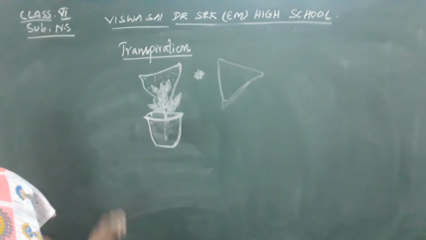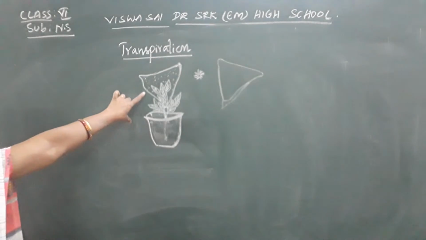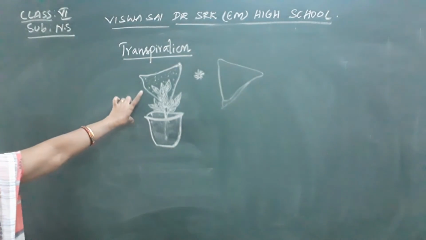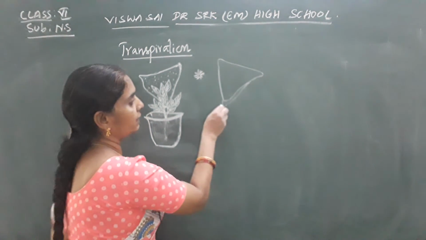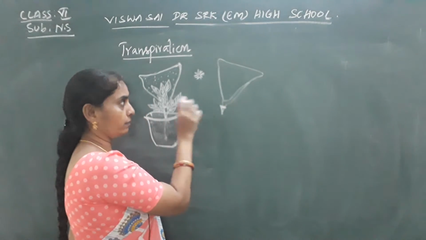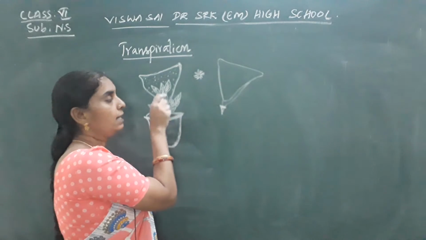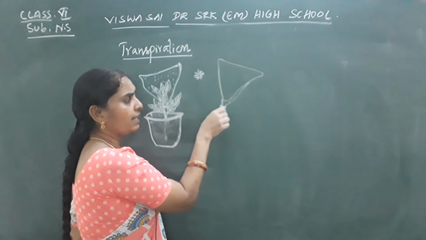So the small droplets of water are seen inside the covered end of the polythene sheet. Are there droplets of water in any of the bags? Along with the polythene cover that is tied to the plant, you keep another polythene cover outside, in a similar experiment.